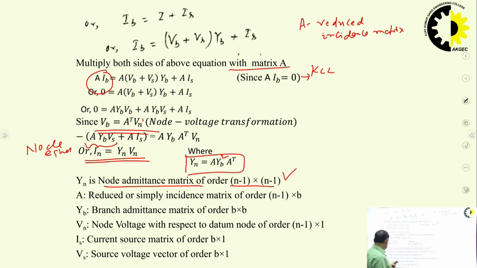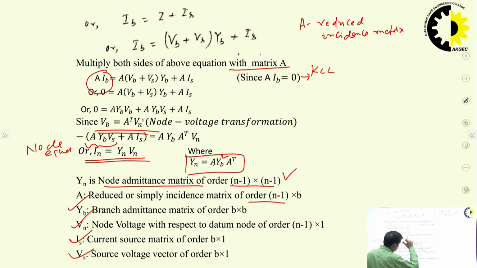A is the reduced or simple incidence matrix, since one row has been eliminated. Then we have the node voltage, current source and voltage source vectors, which are column vectors, and the branch admittance is a square matrix of order B into B.